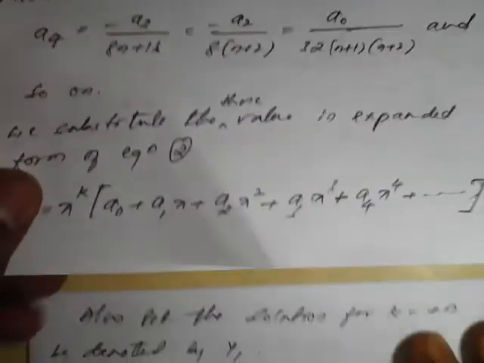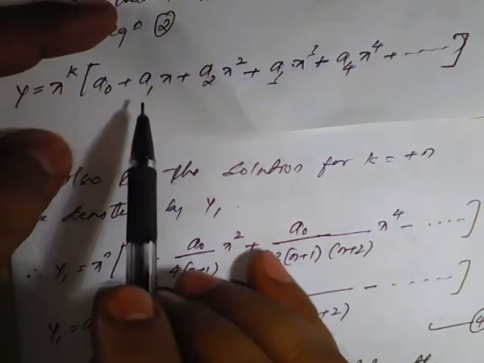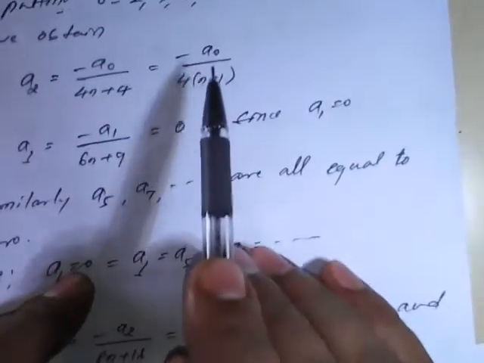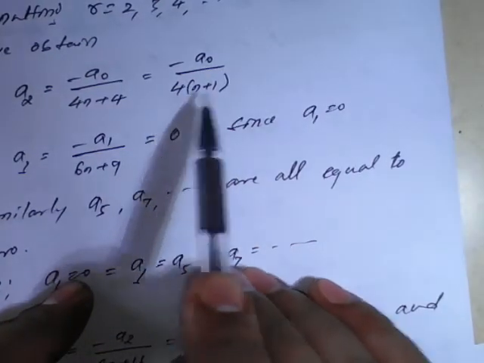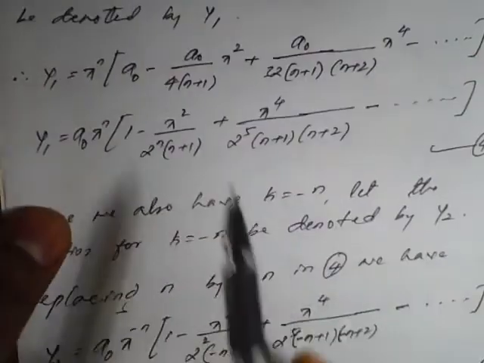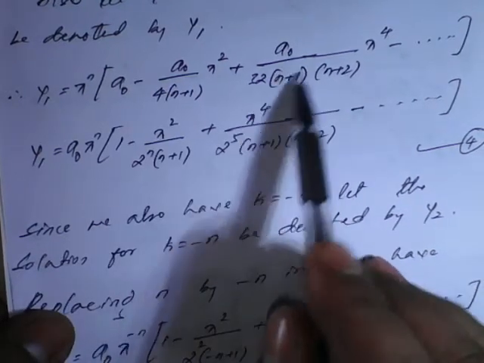On simplification, a1 is 0, so we need to apply the a2 value. A2 is minus a0 upon 4 into n plus 1, that value we need to apply here, and this is the a4 value.